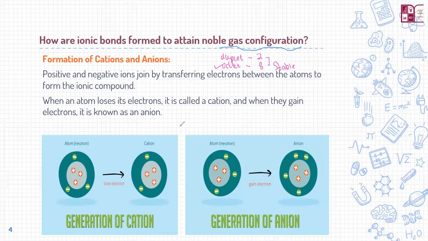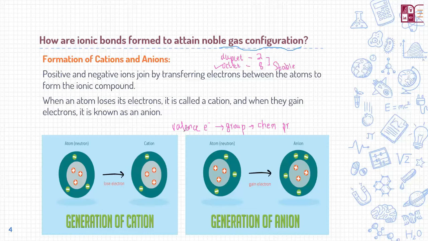The number of valence electrons in the outermost shell tells us the group of that element, whether it is present in group 1 till 8, and this tells us the chemical properties of that element.